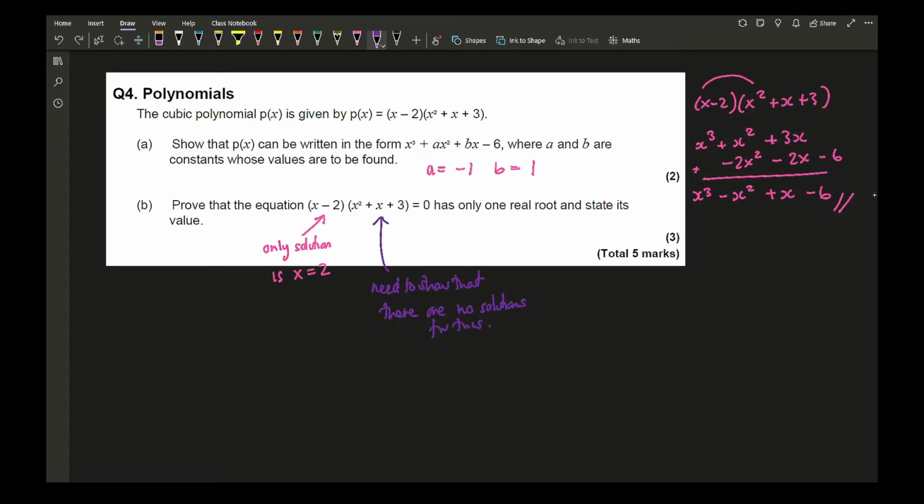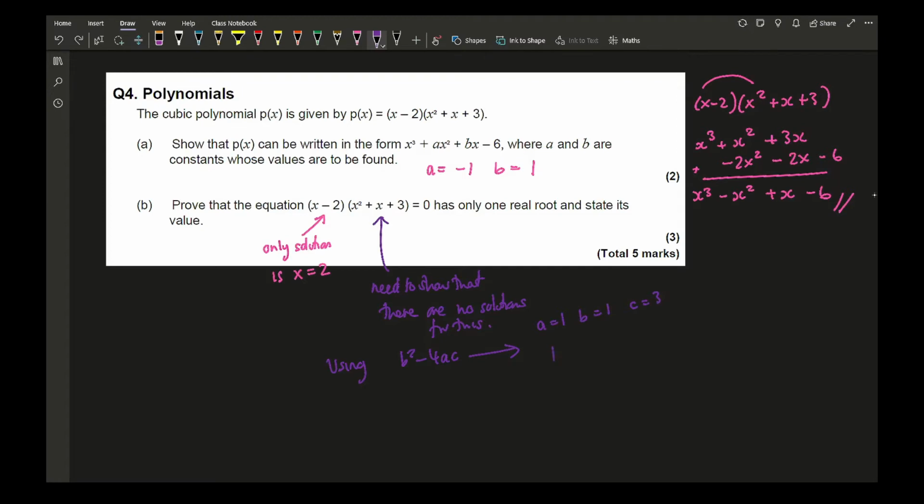Now one way of showing it's got no solutions is by using discriminants. So looking at this, all I then need to do is work out the value of b squared minus 4ac. Using that, a equals 1, b equals 1, and c equals 3.